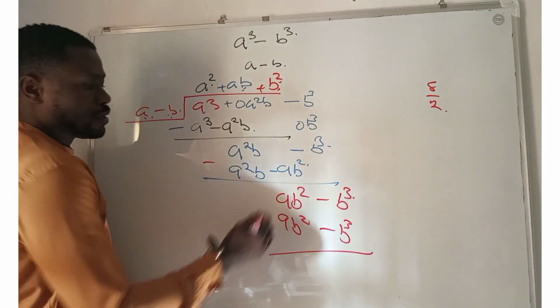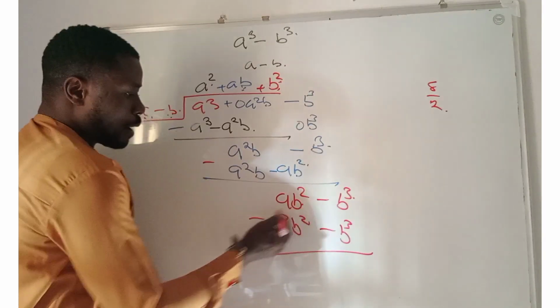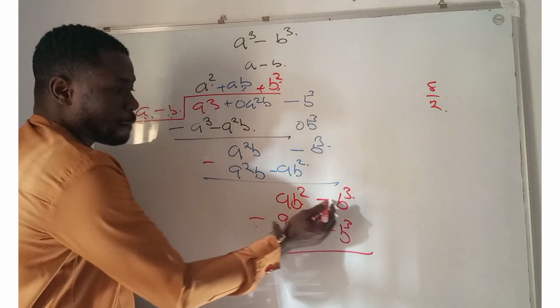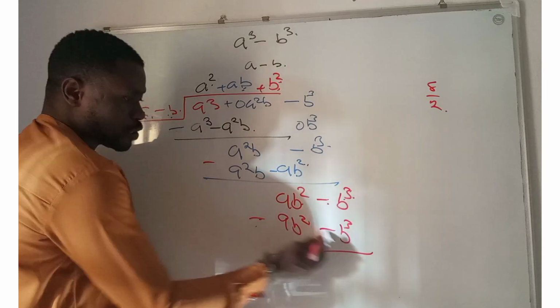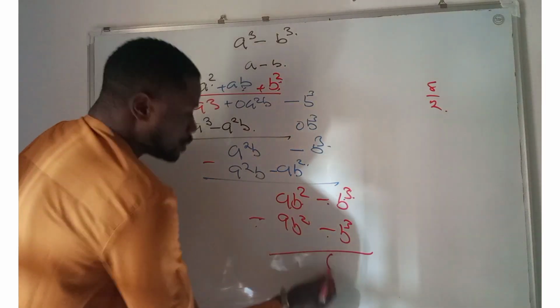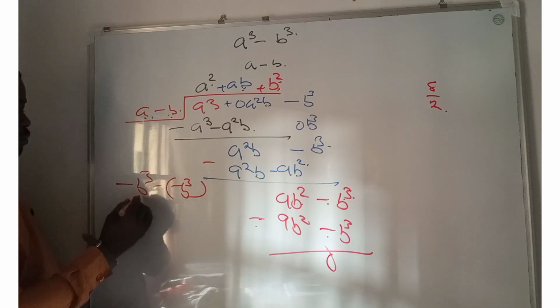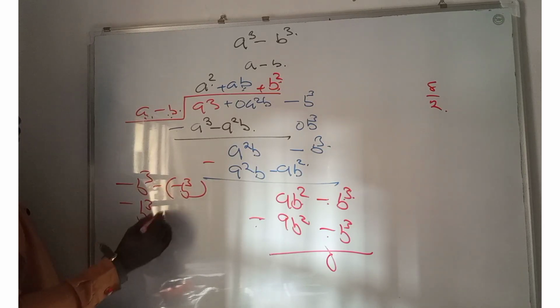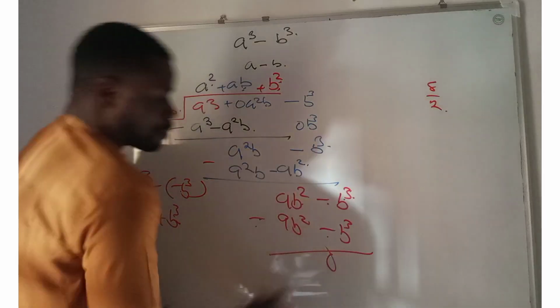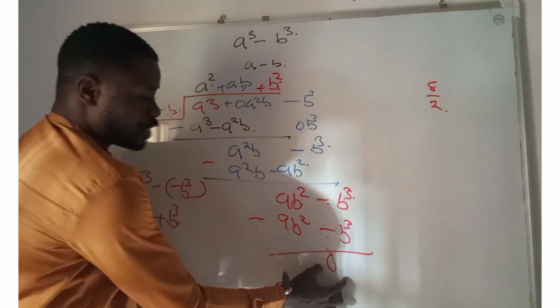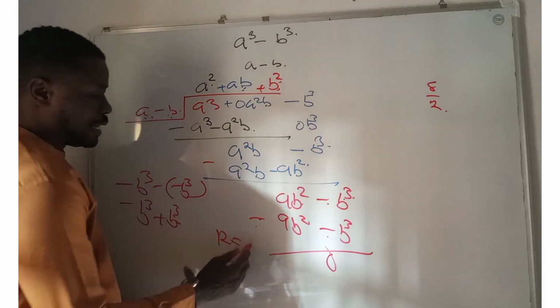By the time you subtract, this will be 0. Minus b cubed minus minus b cubed, that will give us 0. Because this is 0, it means that the remainder is 0.